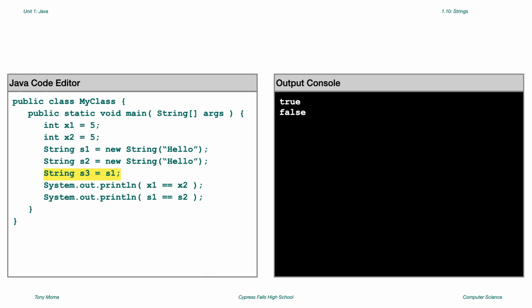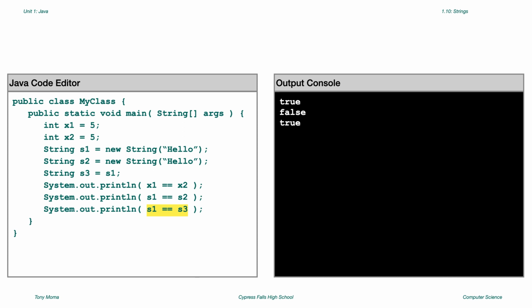In this case, I'm not creating a new object for s3 to refer to. Instead, I'm telling s3 to refer to the object that s1 refers to. So in this instance, s3 and s1 are referring to the same object. Thus, if I were to compare s1 and s3 using the double equals operator, I'm going to get true, because even though they're objects, they refer to the same exact object.